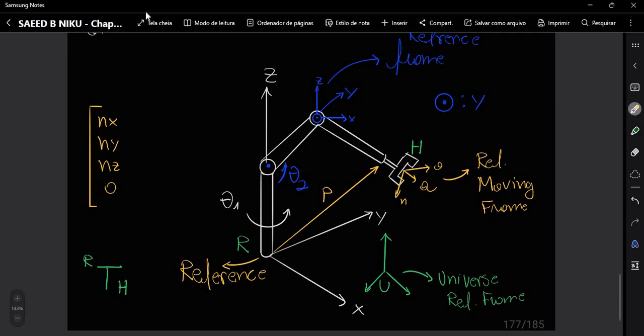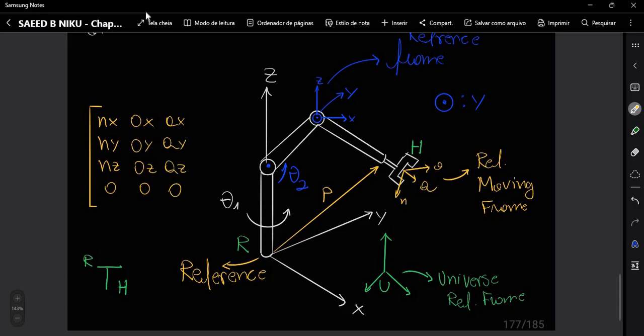the debut. We have OX and O because of this axis, O. So OY, OZ, 0, AX, AY, AZ, 0.